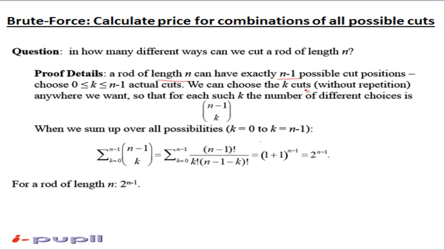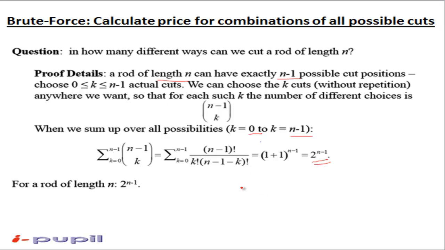We can choose the k cuts anywhere we want, so that for each such k, the number of different choices is n minus 1 c k. When we sum up all the possibilities, that is for k equal to 0 to k equal to n minus 1, we get the sum equal to 2 raised to the power n minus 1.